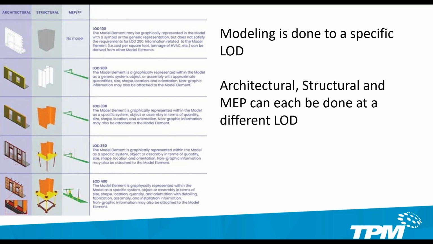The nice thing is we can split it up and do different levels of detail for different elements depending on your needs for a particular project. So maybe architectural could be LOD 200, MEP maybe 300, and you have to do some structural analysis, so you really need fine detail on the structural. You can bring it up to 350. We can do any combination that you need for your project.